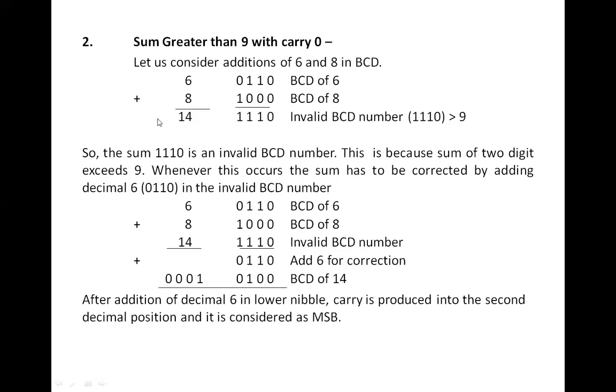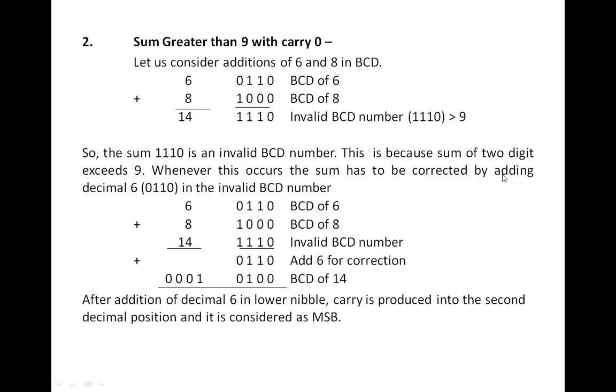No carry is generated. But of course, this BCD value is more than 9, which cannot be represented in a BCD. So it is an invalid BCD number. And this is because the sum of the two digits exceeds 9. That is why it is invalid. So whenever this type of thing occurs, the sum has to be corrected.